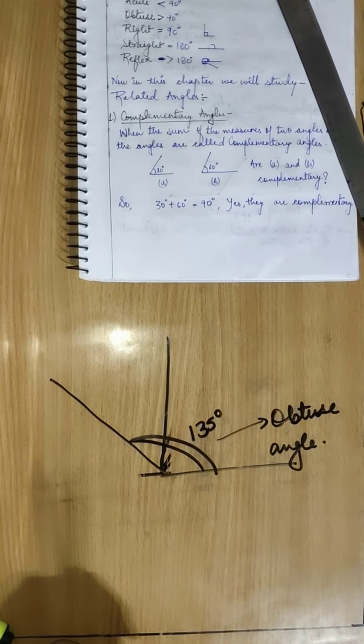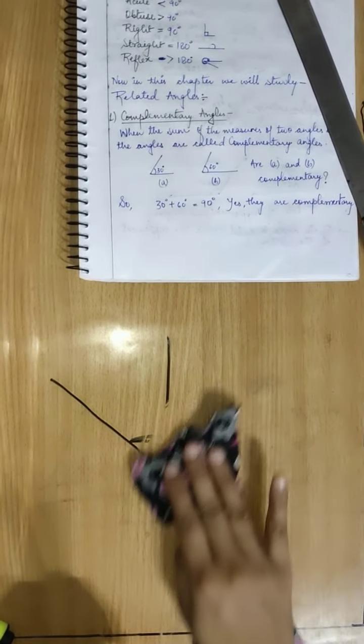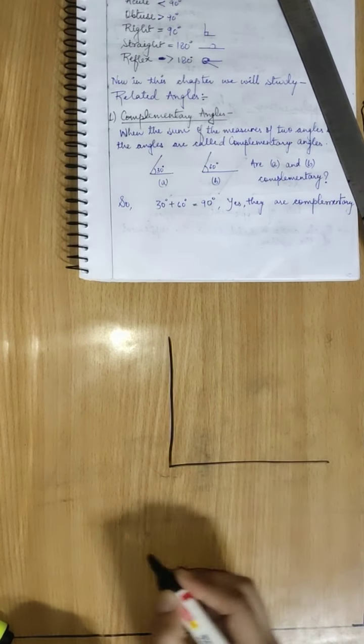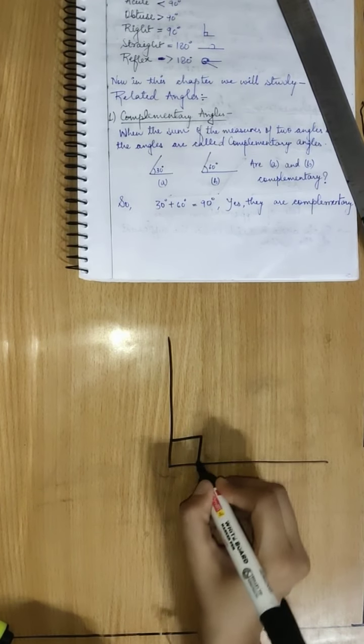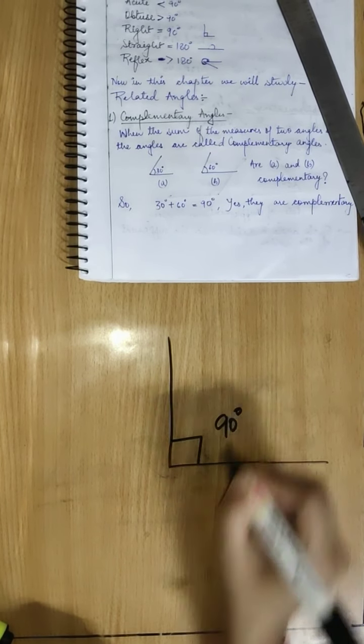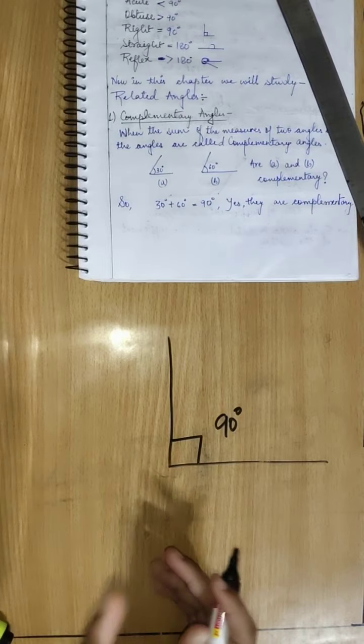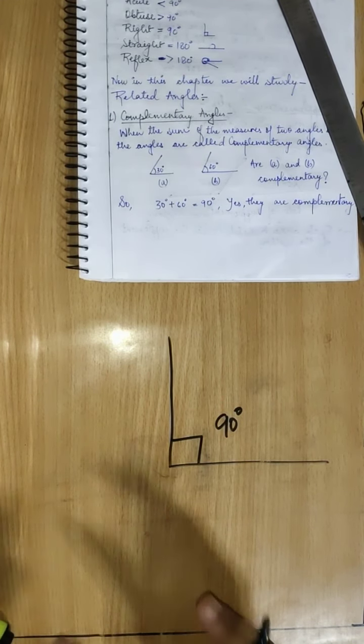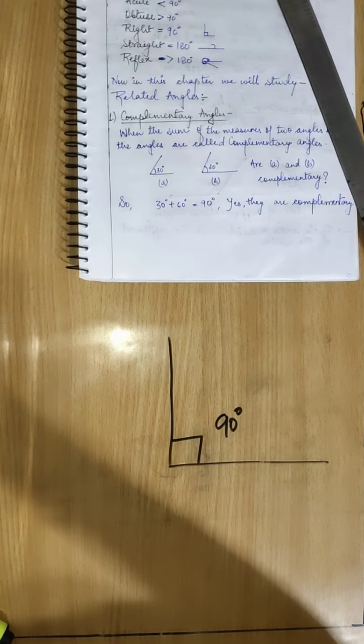Now coming to the other type of angle, that is right angle. Right angle, you should always remember, is the 90-degree angle. It is formed by a line which is perpendicular to a line. Perpendicular we use in the case of a right angle.